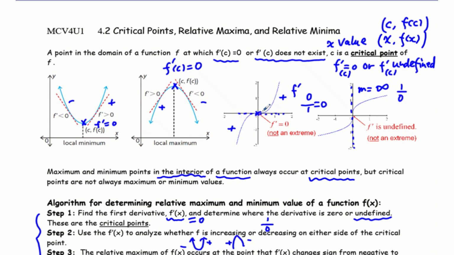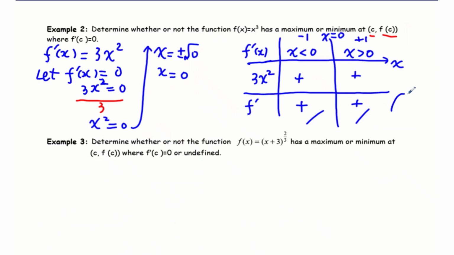We don't have a maximum or minimum at that point. From left to right, it's up. So at this point the derivative is 0, but there's no maximum. So we say there is no maximum or minimum at 0.